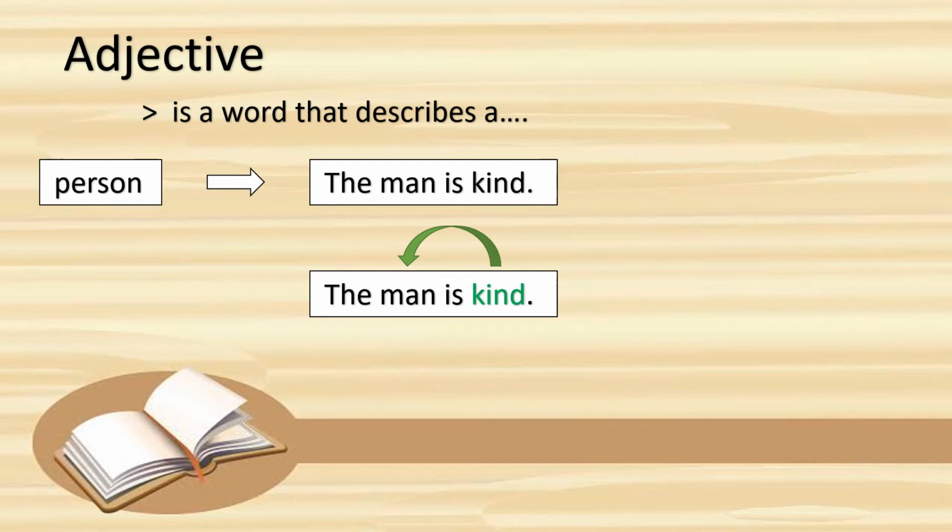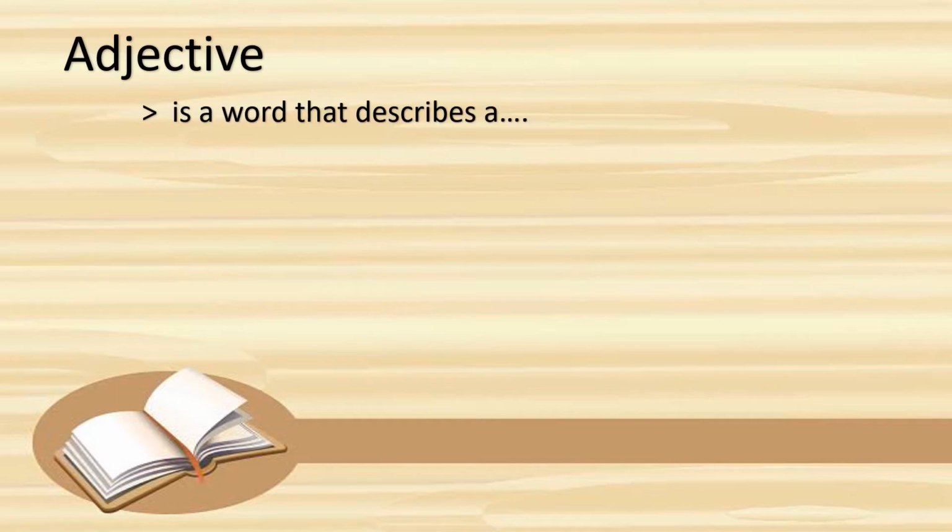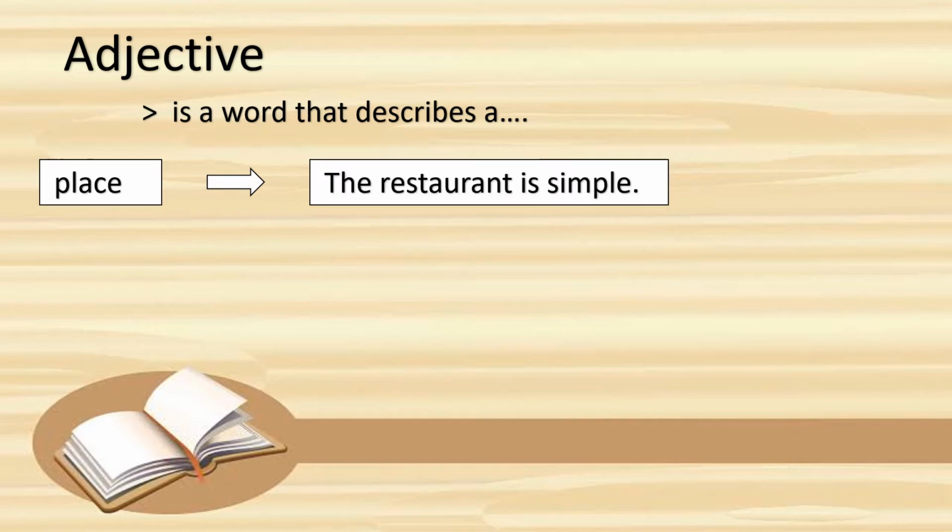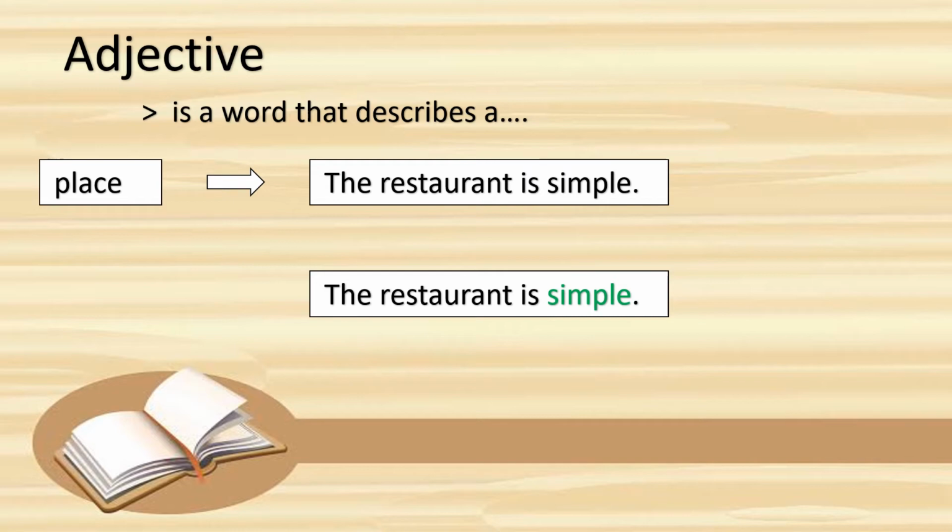That's it. So now let's have another example: an adjective that describes a place. I have here a statement. The restaurant is simple. Again, the restaurant is simple. The word that describes your restaurant is simple.